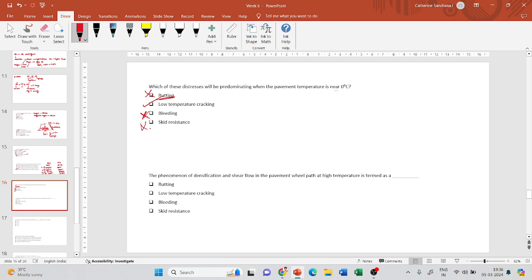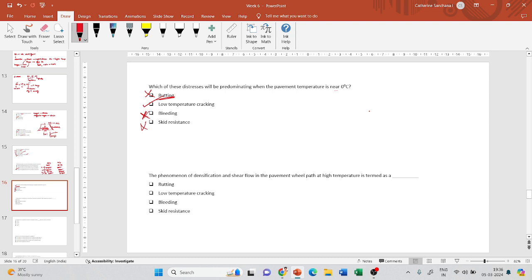The phenomenon of densification and shear flow on the pavement wheel path at high temperatures is what? So, if you see, when you construct the bituminous pavement, you will compact the bituminous pavement to an air void content of 6 to 8%. Now that is a primary compaction.